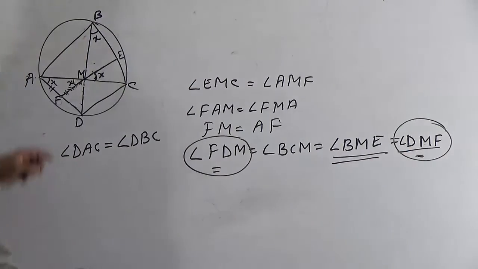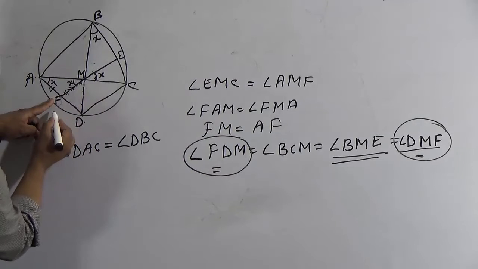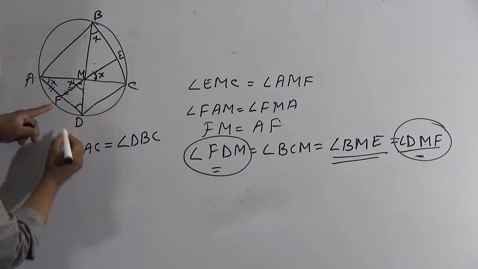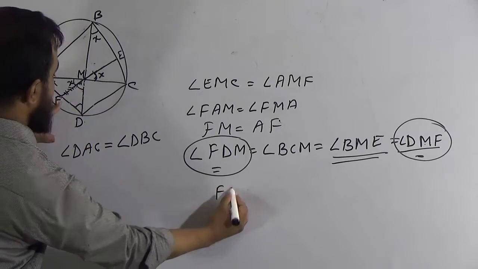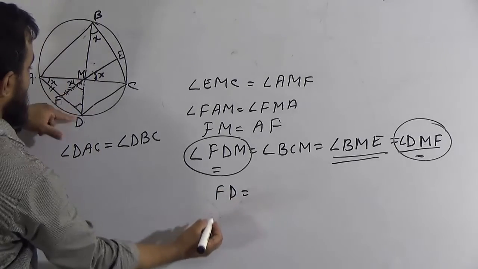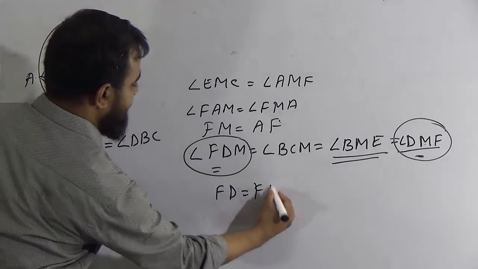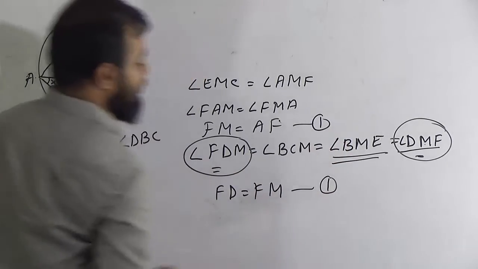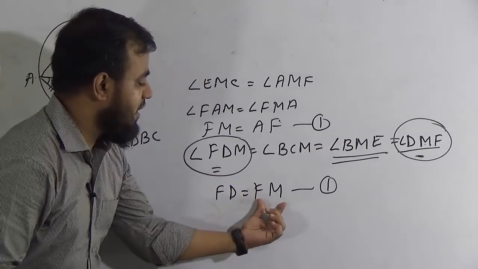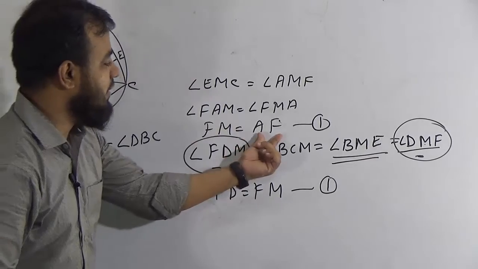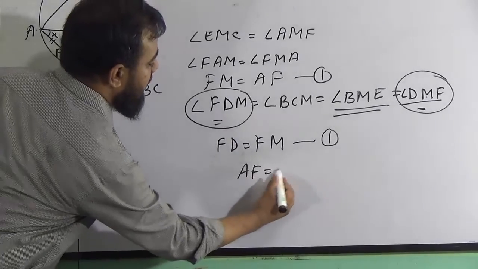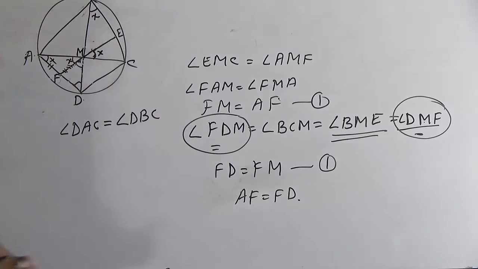Look at the figure. It's FDM equal to FMD. So these two angles will be equal to each other. That's why I can write down FD is equal to FM. So from these two equations, FM equal to AF and FM equal to FD, you can write down AF equal to FD. This is our proof, my dear students.